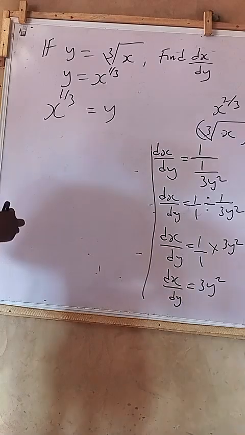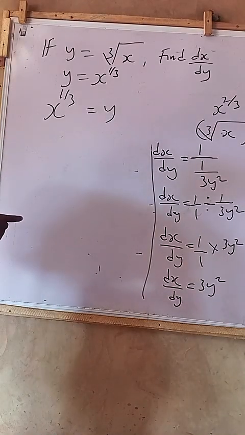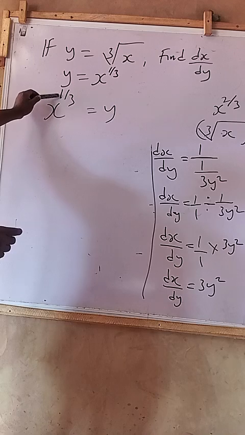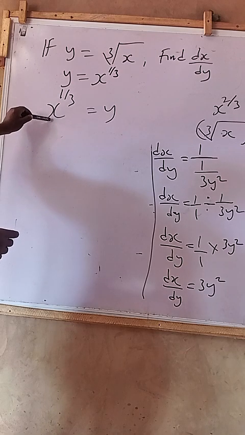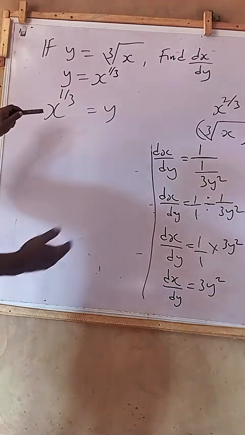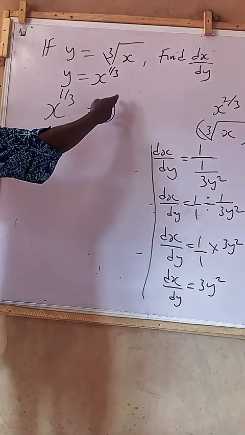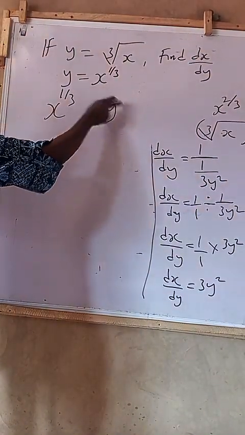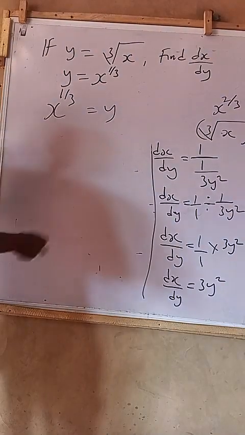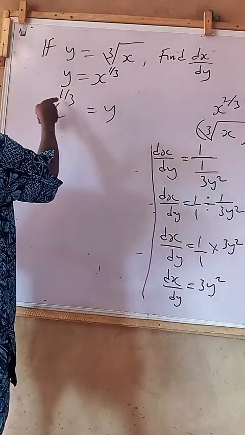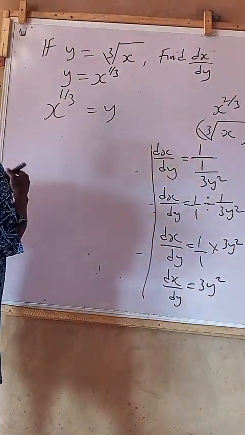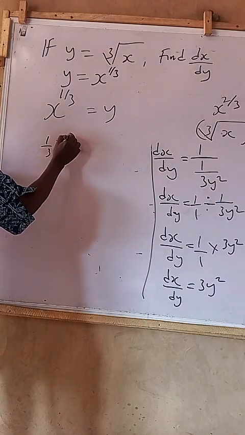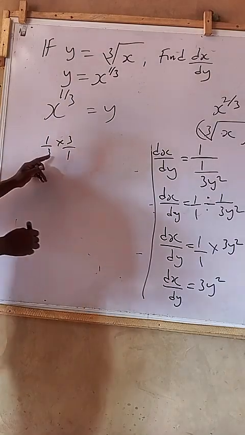If you are following me, there's one rule that what you need to make this one x is going to be to raise this one to the inverse of this. Inverse of 1 over 3 is 3. So which means inverse of this, we count it, which means we have 1 over 3 times 3 over 1.